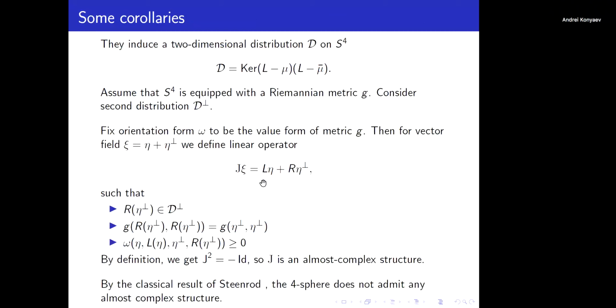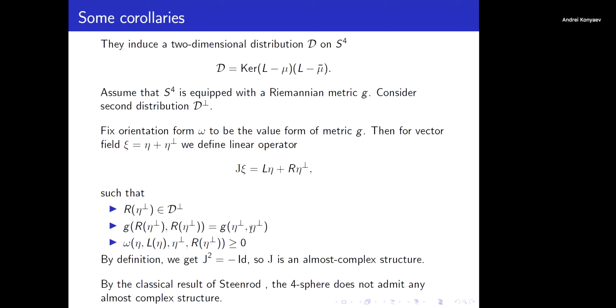And then we define an operator which takes the tangent vector decomposed into the direct sum with respect to D and D vertical, and you act on it like this. On the kernel, L is regular L. This kernel is an L-invariant distribution, so it stays in it. And on the orthogonal part, it acts like this. We assume that it stays in the orthogonal part, and that its length does not change, right?